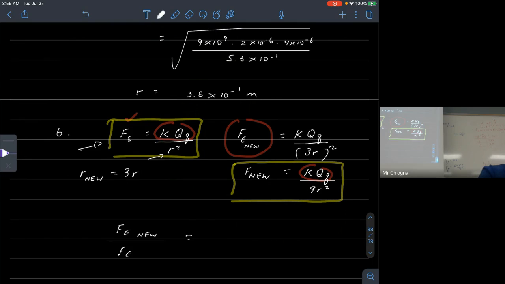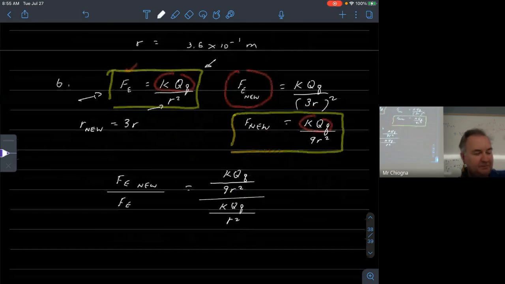So on the right, I put kQq over 9r squared divided by the old. The old is here on the right, kQq over r squared. Now I can cancel out factors.